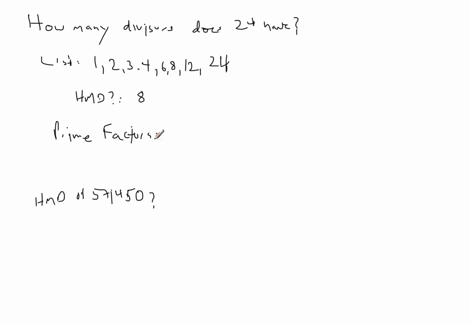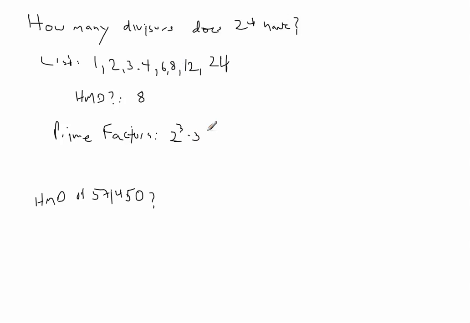Well, 1 is not prime or composite, so we leave it off the list. But we have 2. 2 goes in. Matter of fact, 8 goes in. So if we look here, 8 is 2 cubed. So we know the prime factors are 2 cubed times 3.